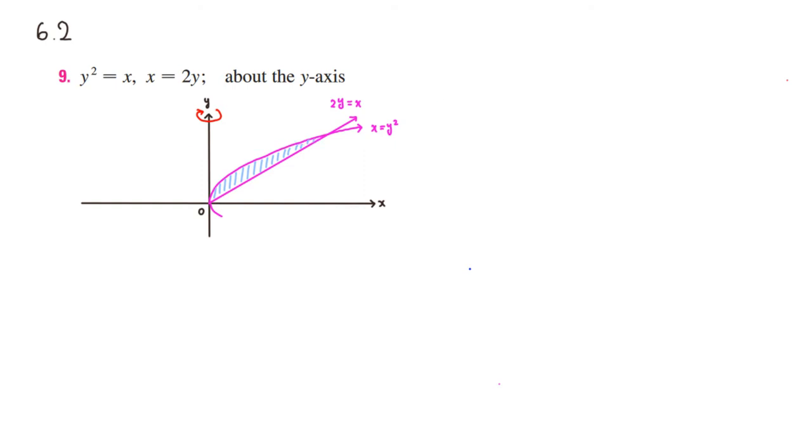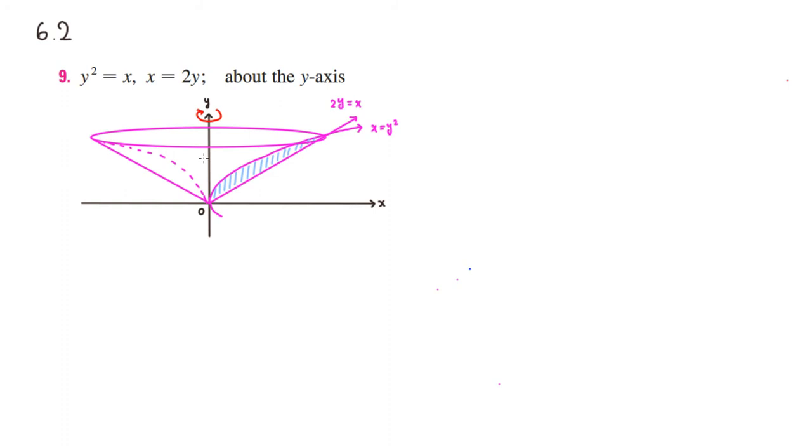Then on this side you're going to have that, and on here you will have something like that. It looks like a sieve or something like that. So let's find the volume of this.